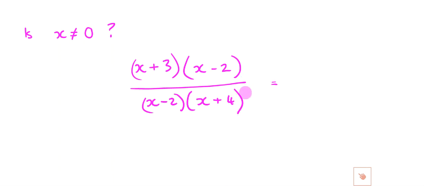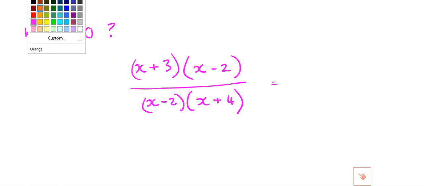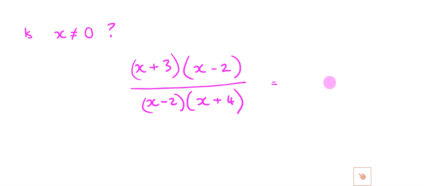What would that simplify to? Yeah, it would just be (x plus 3) over (x plus 4). What would the limitations be? x is not allowed to equal 2 and x is not allowed to equal negative 4.